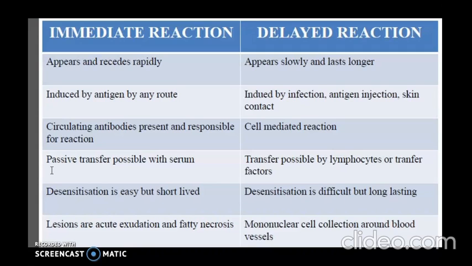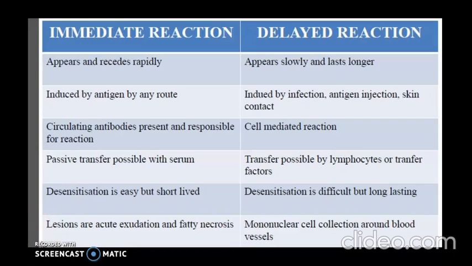In immediate reaction, passive transfer possible with serum, whereas in delayed reaction, transfer possible by lymphocytes or other transfer factors. In immediate reaction, desensitization is easy but short-lived. In delayed reaction, desensitization is difficult but it will last longer.